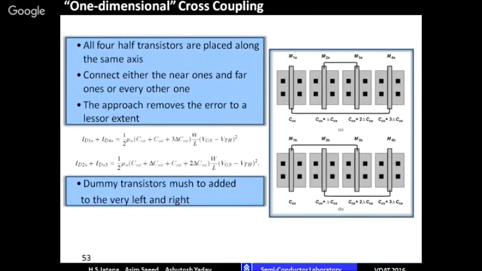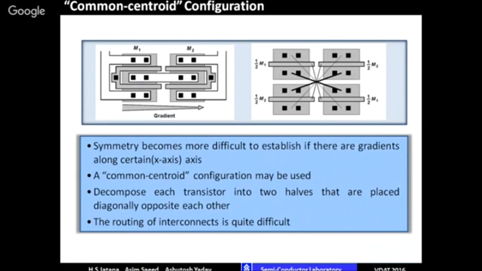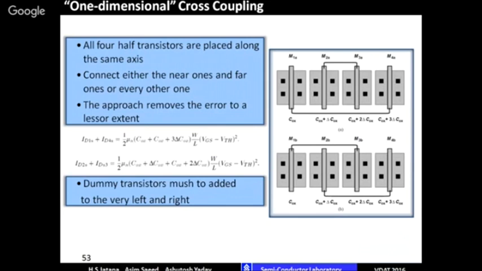So this is a common centroid configuration. As I told you, if there is a gradient and you place the transistors in this way, the gradient will be divided across these transistors. And cross coupling: when you connect the transistors, there will be some cross coupling effects.